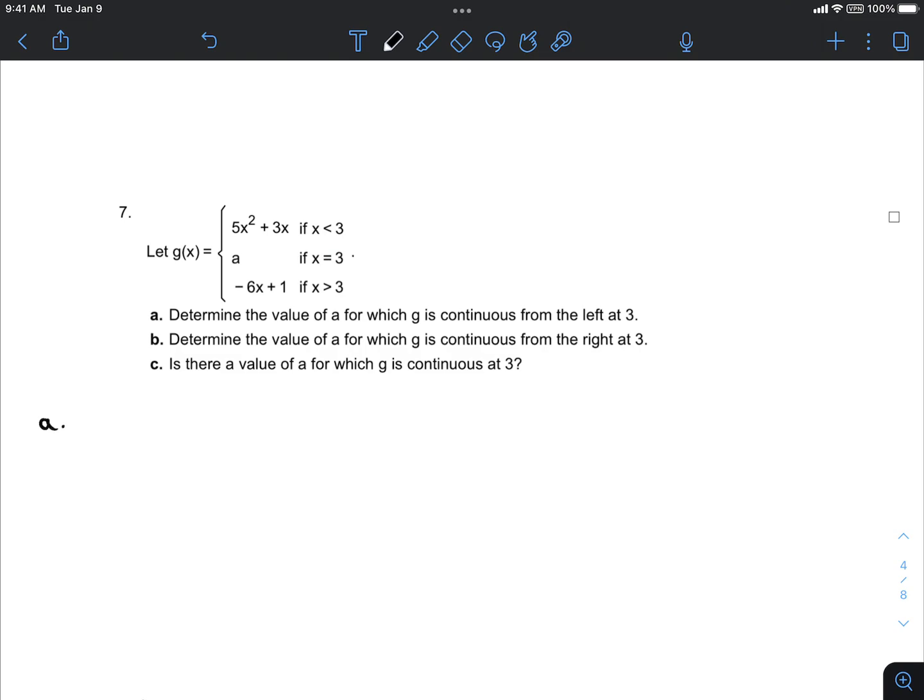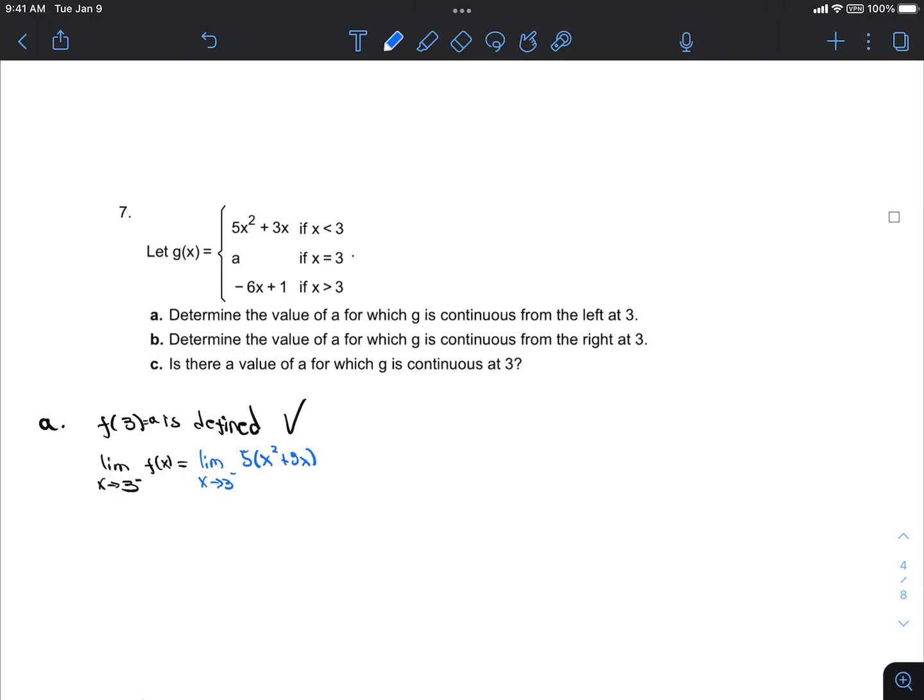The conditions are the same as for regular two-sided continuity. So f of 3 is defined, and that is automatically satisfied because f of 3 equals A. And then the limit when x approaches 3, because we're doing left side continuity, has to exist, and it does because it is the limit as x approaches 3 from the left of 5x squared, this first part, plus 3x.